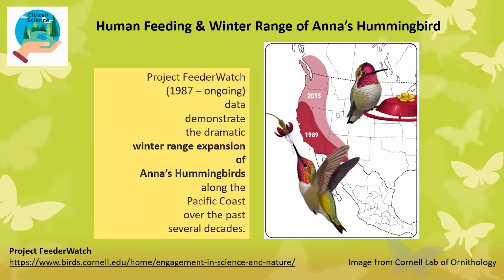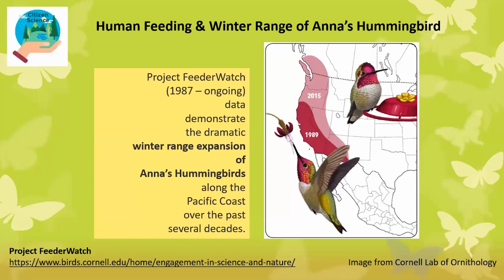And we know through a citizen science research project called Project FeederWatch, from data collected from 1987, and it's ongoing, so it's still happening. The 20-some years of data showed the winter range of Anna's hummingbird in 1989 was essentially California south.